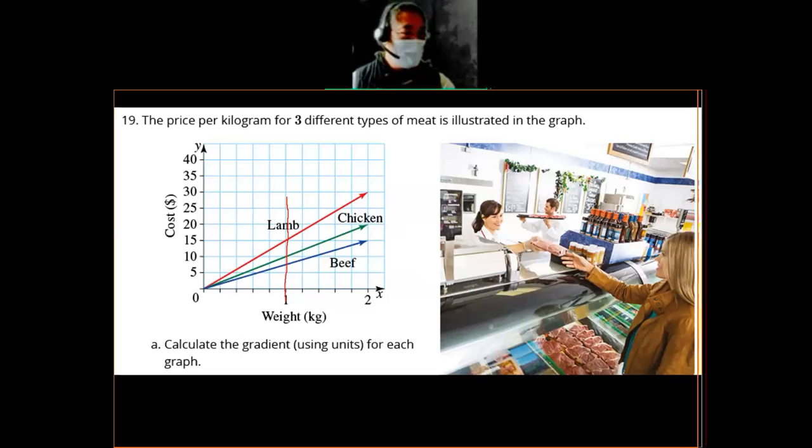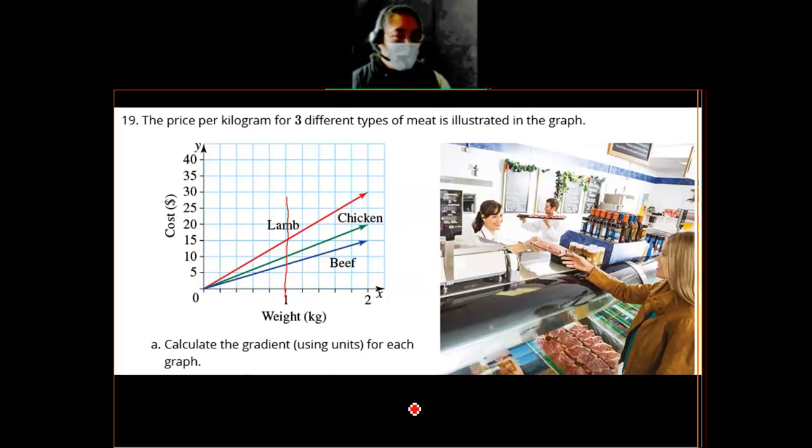In brackets, I'm going to put the units. It's dollars for 1 kilo, or per kilo. So the application of linear graphs is anything related to prices per weight. Anything when you go to the supermarket, things like meat, fish, fruits and vegetables that are sold not per unit but based on their weight.